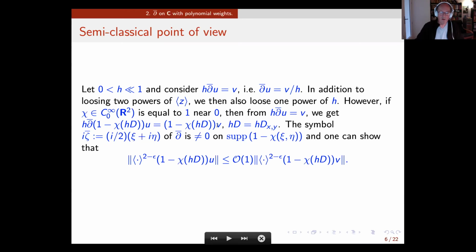Then I get this equation, and then it's much better because on the support of 1 minus chi of xi, eta, my symbol here is non-vanishing, so I have an elliptic equation. And therefore, this leads to a much better situation, namely you don't lose any power of bracket of z, and you don't have to put the 1 over h either. So you have a great improvement if you just avoid the zero section.